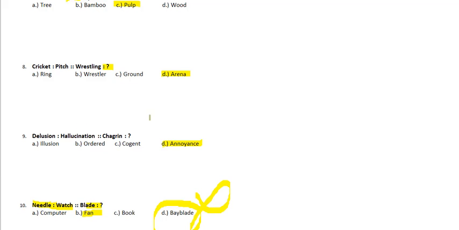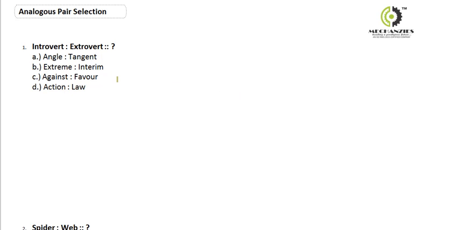Now let's proceed towards our next lecture, that is related to analogous pair selection. This is our next topic. Now let us make some questions related to this topic. The method is that we have one complete pair of this analogy, and similar to that we have to find another pair.